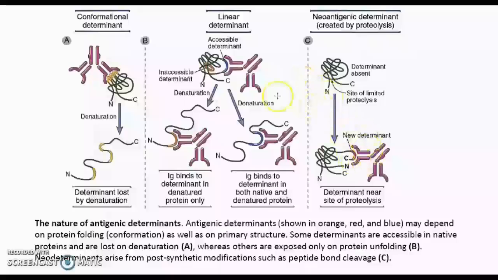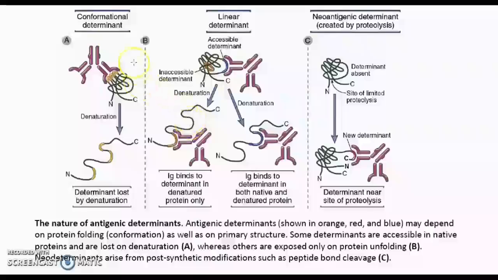The epitope formed by several adjacent amino acid residues is called linear. Here is a linear determinant. The linear determinant may be inaccessible in the native conformation and appear only when the protein is denatured.